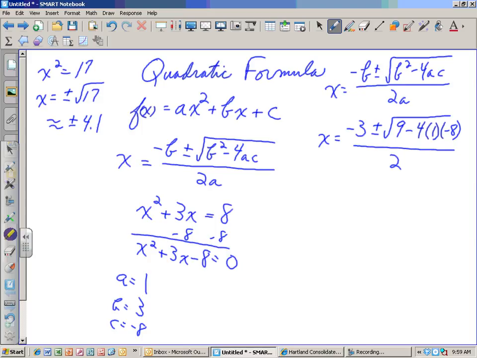Okay? Here's what my suggestion is. Go to your calculator and do what's under the square root first. And use parentheses like I have.